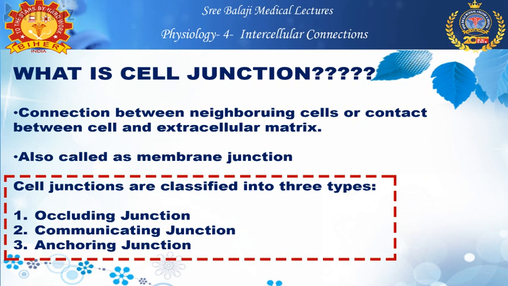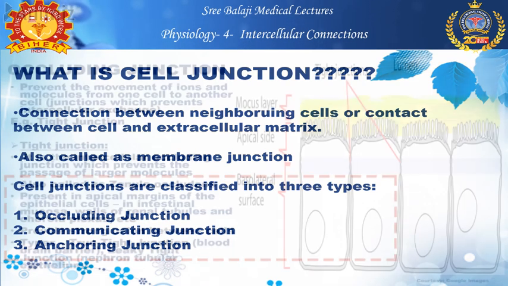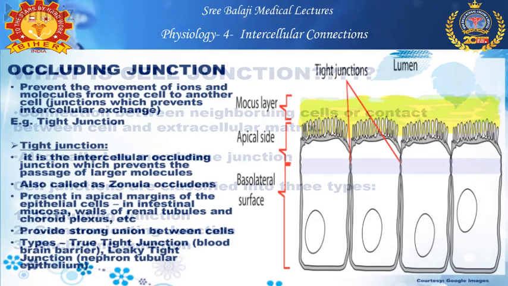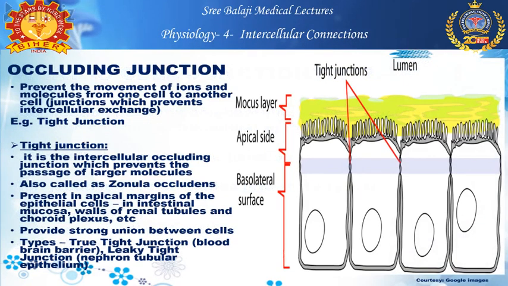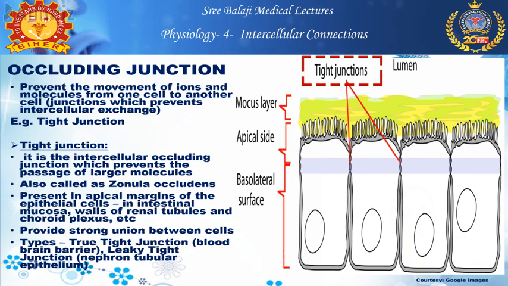First we'll see about occluding junction. Occluding junction basically prevents intercellular exchange of substances, that is, it prevents the movement of ions and molecules from one cell to another. An example of occluding junction is tight junction. Tight junction is a type of occluding junction.